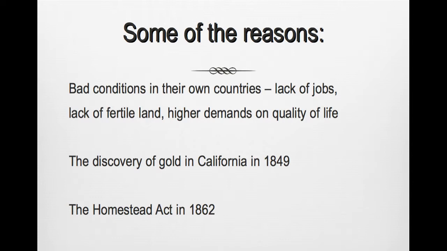Another main reason for immigration to the USA is, or actually was, the discovery of gold in California in 1849. Another main reason for immigration to the US is the Homestead Act of 1862. The Homestead Act was all about these people, the immigrants, getting a part of free land.